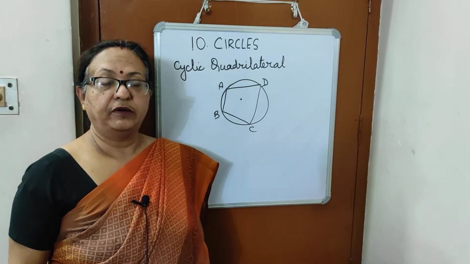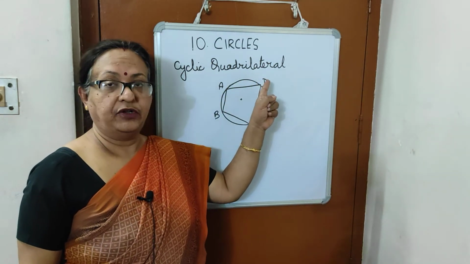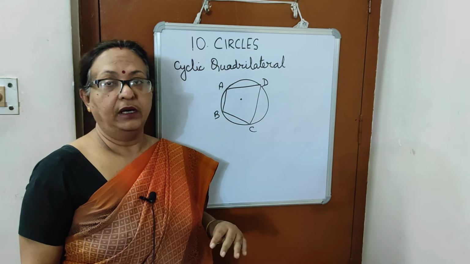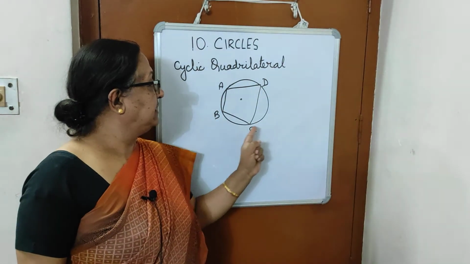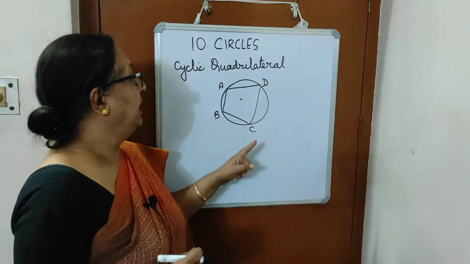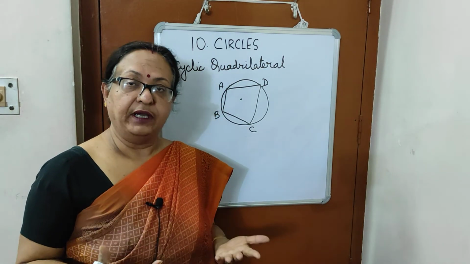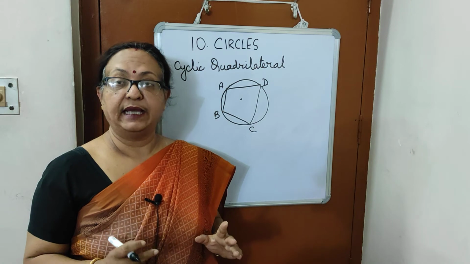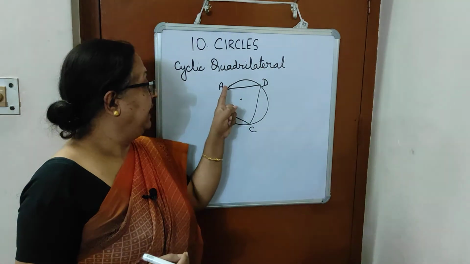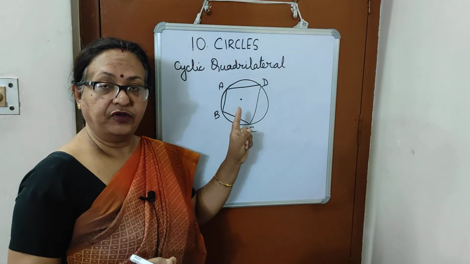Okay. The next topic, children, is cyclic quadrilateral. Now what is cyclic quadrilateral? Now you can see here a circle, center, and quadrilateral. You know what is a quadrilateral? Any figure bounded by 4 sides is a quadrilateral. Here A, B, C, D is a quadrilateral.